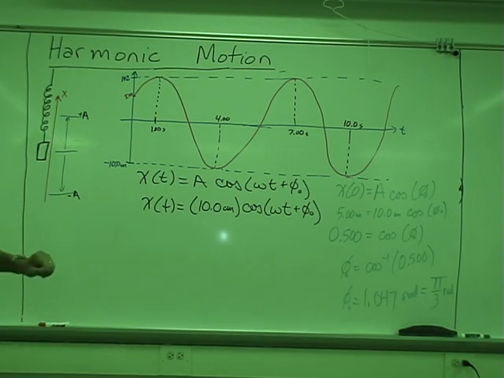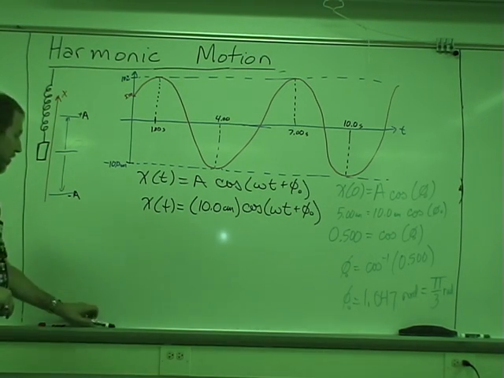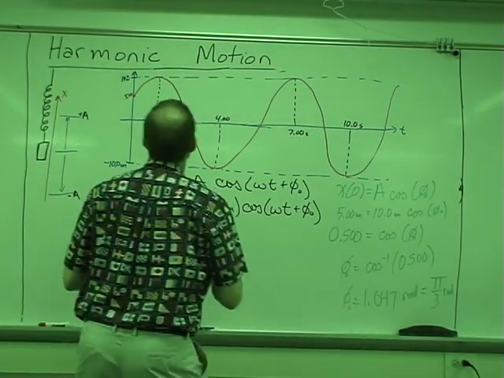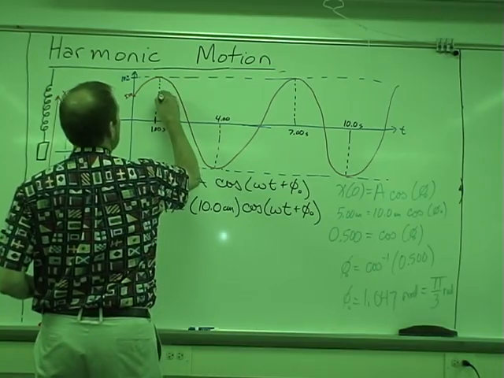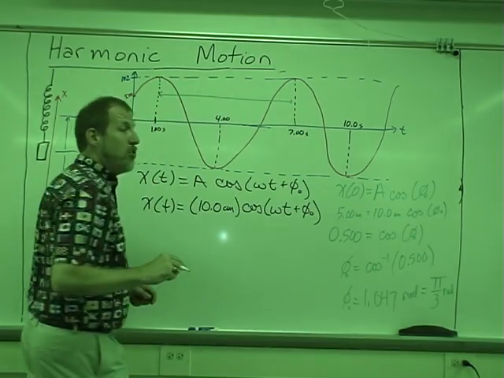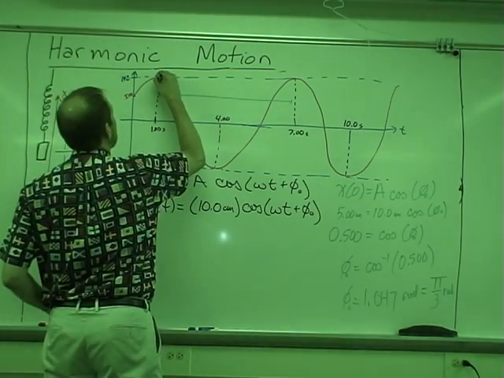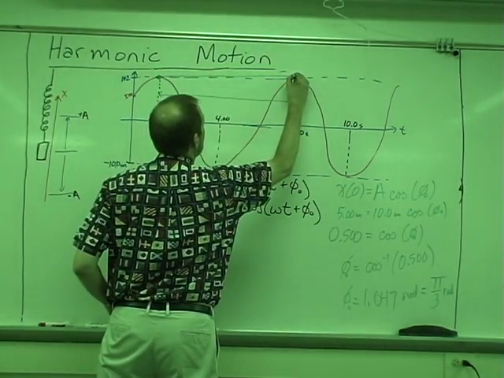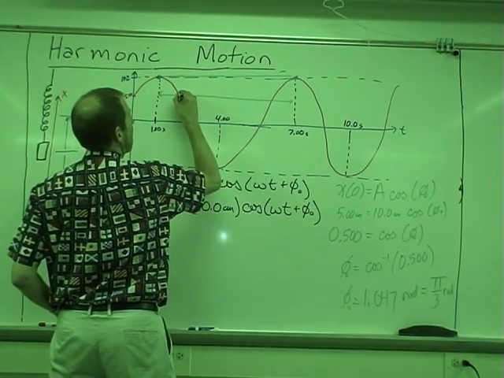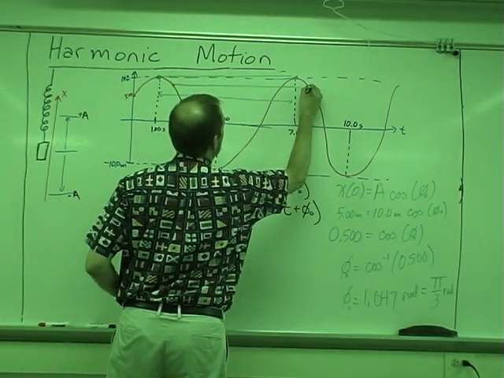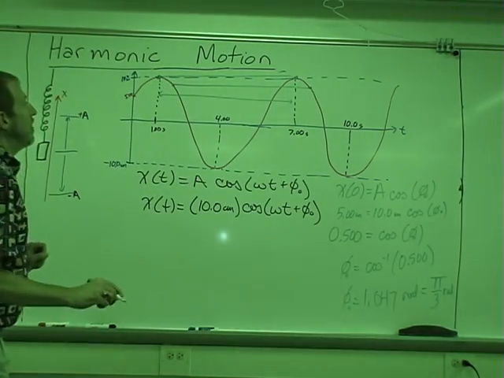I can look at this and say, okay, the period is the time between two identical locations. And that's not just the object being in the same place, but in the same place going in the same direction. So this represents one full oscillation. That represents one full oscillation.